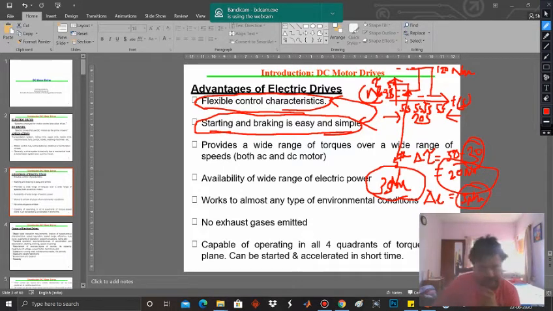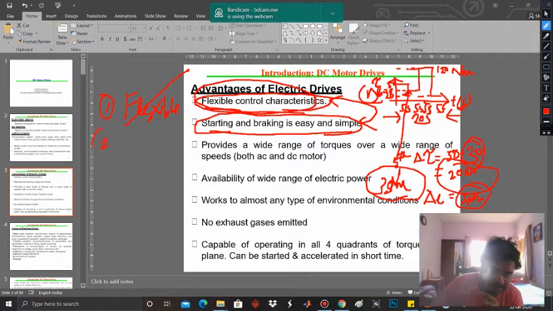And what is the root cause of this error? The root cause of this error is rigid control characteristics. Your characteristics is not flexible. Number one.